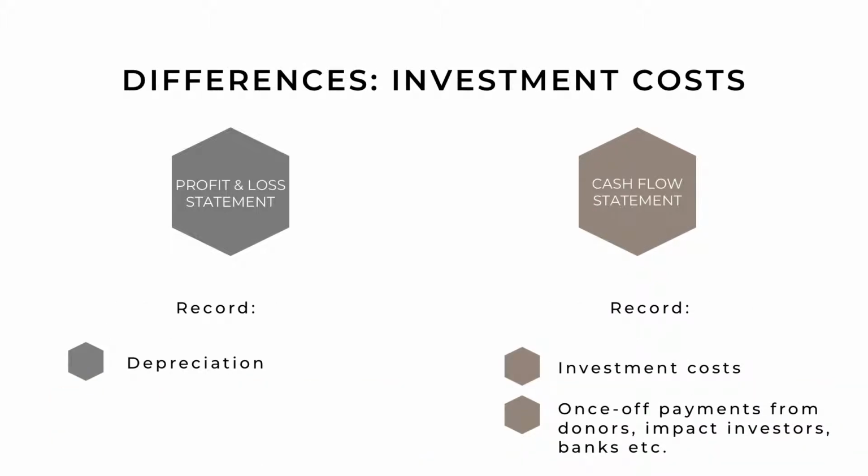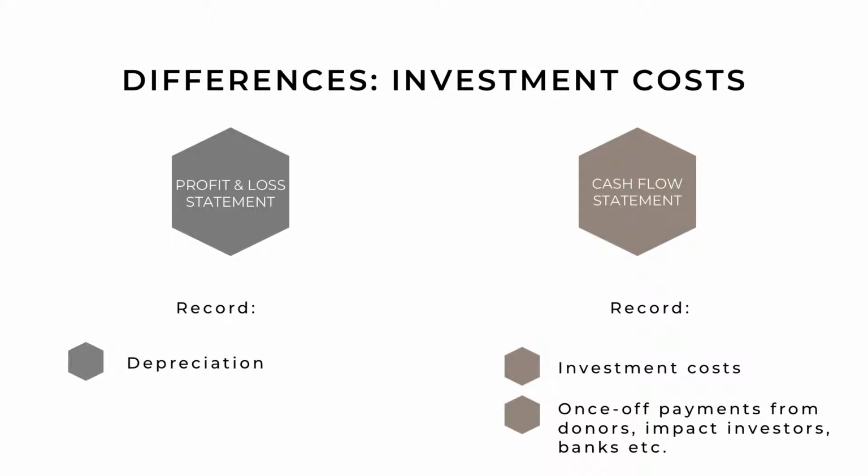A third difference relates to investments. In the profit and loss statement, you do not record investment costs. But what you do is you record the depreciation, which is an indirect figure. What you also do not do is recording the investments you get from externals.